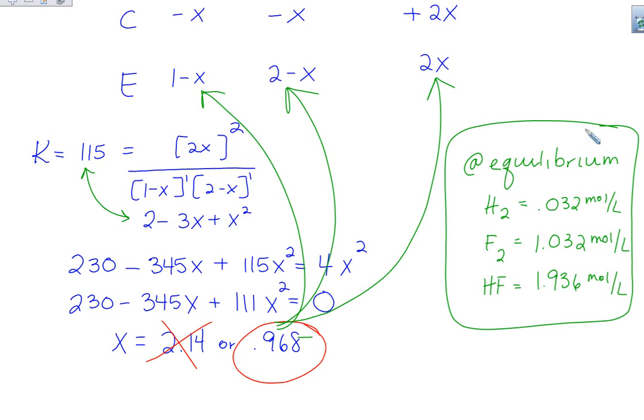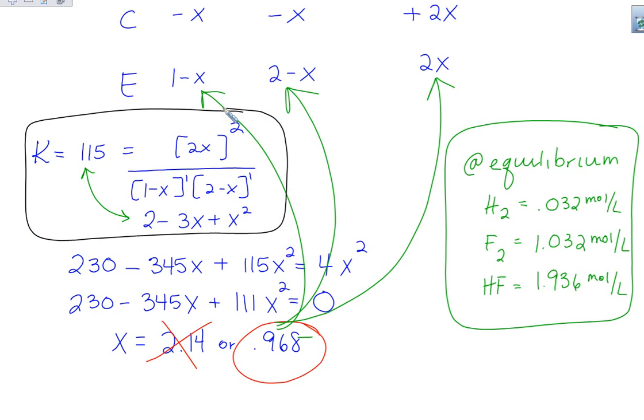Maybe this is just a good one to practice. Make sure that you had your ICE table set up right. Make sure we had the equilibrium expression set up right. They could have you do something like this, even a multiple choice question, and say something like, what would be the correct equilibrium expression? And then maybe the answer would be something that looks like this. We're like, I don't actually have to solve for x.